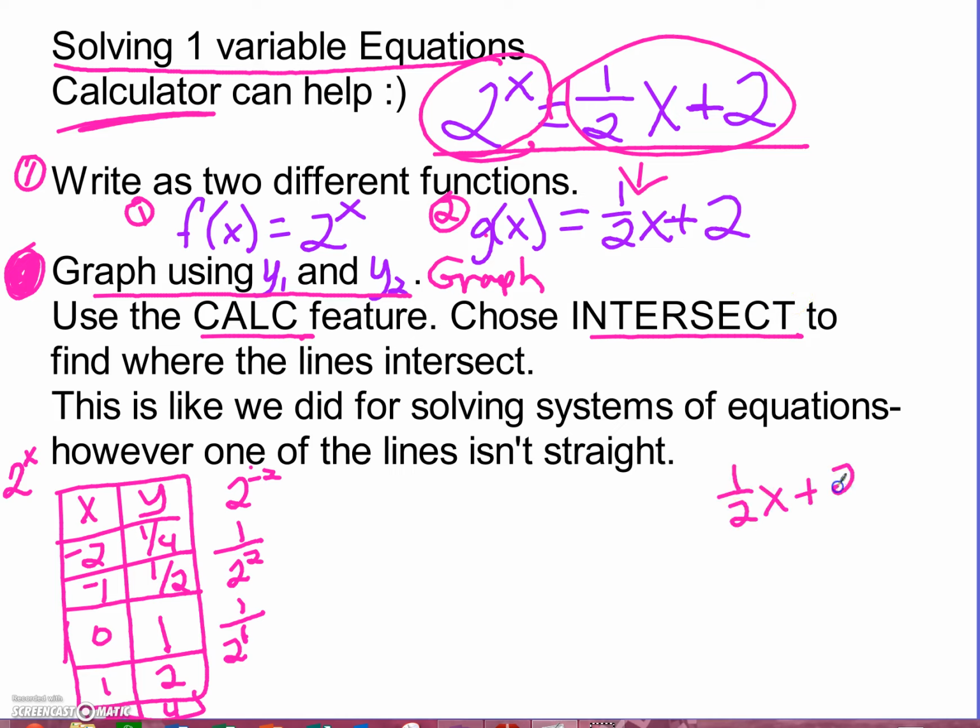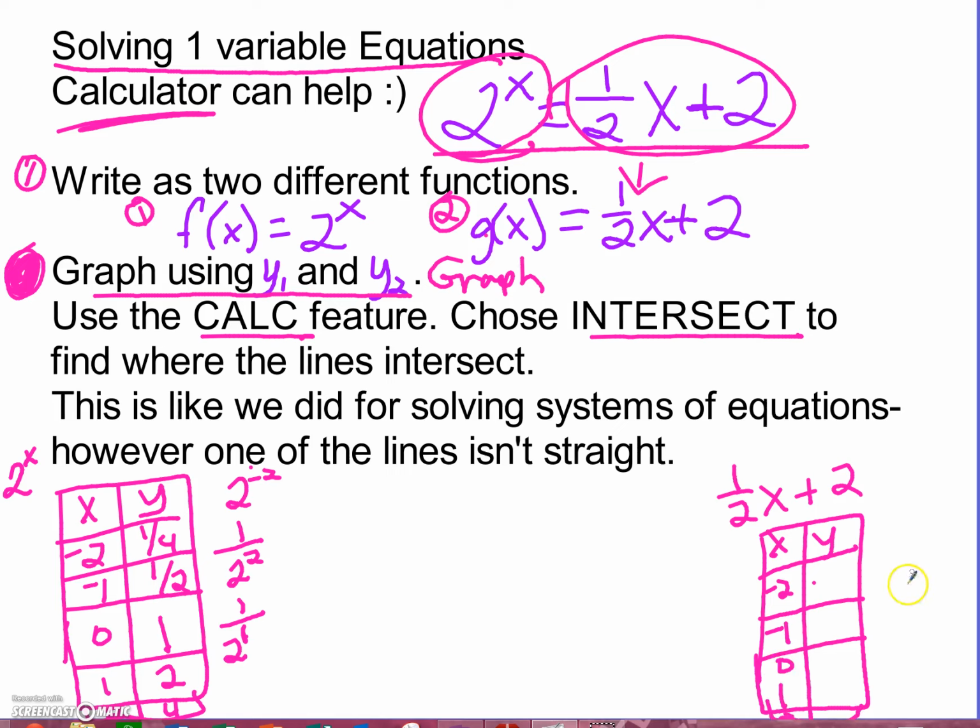Then I would take my other equation and make a chart for it, 1/2 x plus 2. Use my same values, -2, -1, 0, 1, 2. So I plug it in. A half times -2 is -1, plus 2 gives me 1.